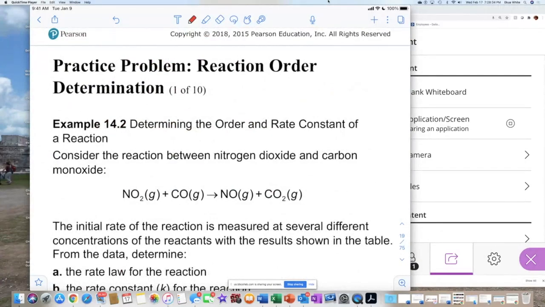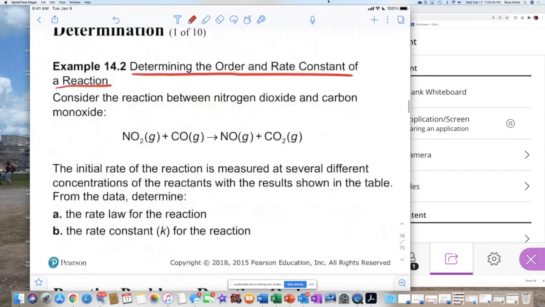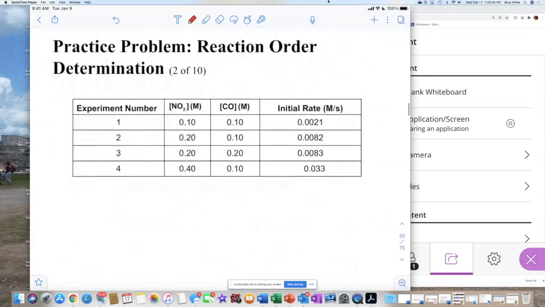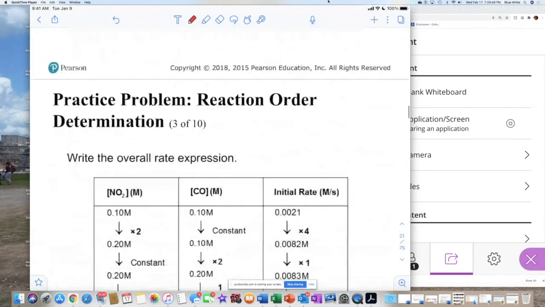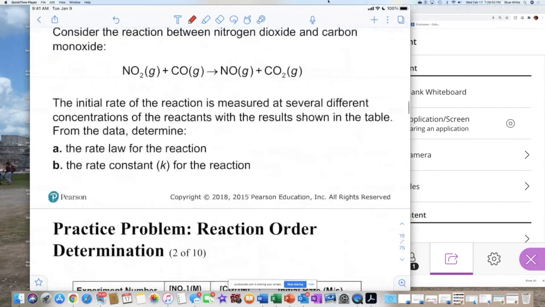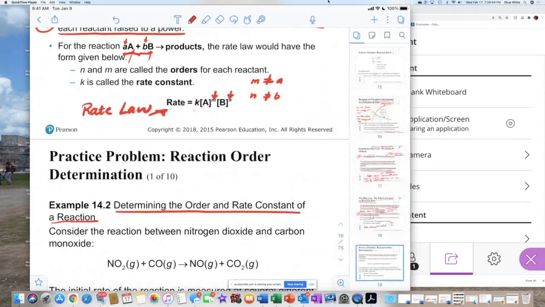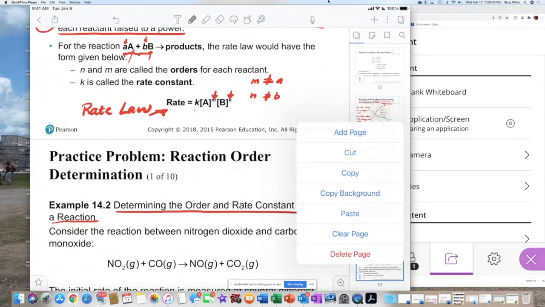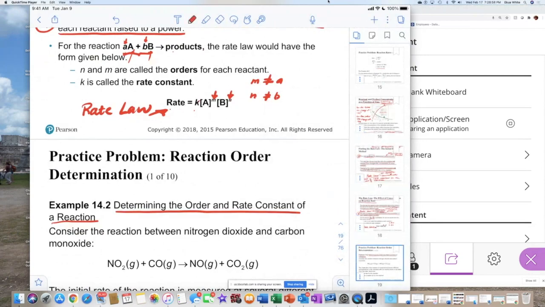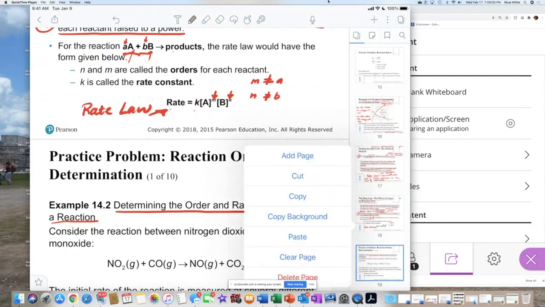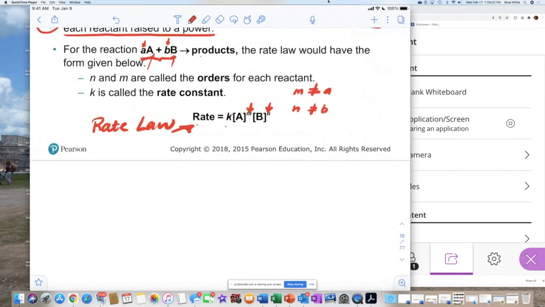So let's go ahead and actually get to a real question where we have data from experiments. Here we're told to determine the order and the rate constant of the reaction. I feel like a lot of slides were skipped for some reason, so I want to go ahead and define what the order of reaction is. m and n are actually called orders of reaction. Let me go ahead and add a page here and define that.